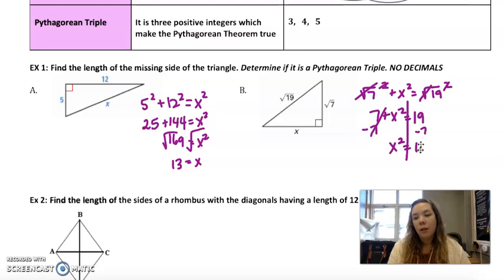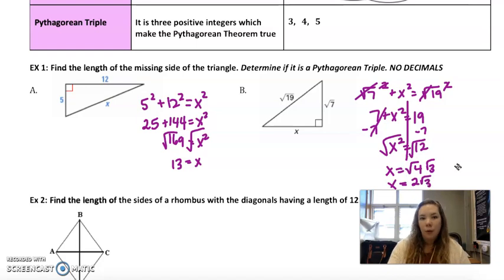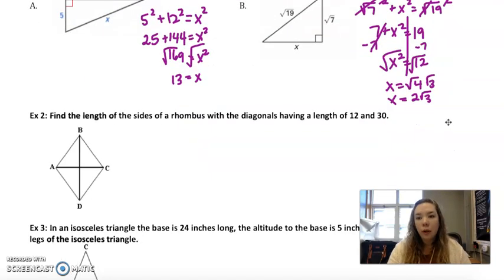So then I want to take the square root of 12. And to do a simplified radical, we want to pull out any perfect squares we can. So factors of 12 are 4 and 3. And I want to pull out 4 because it's a perfect square. So my final answer here is 2 root 3.